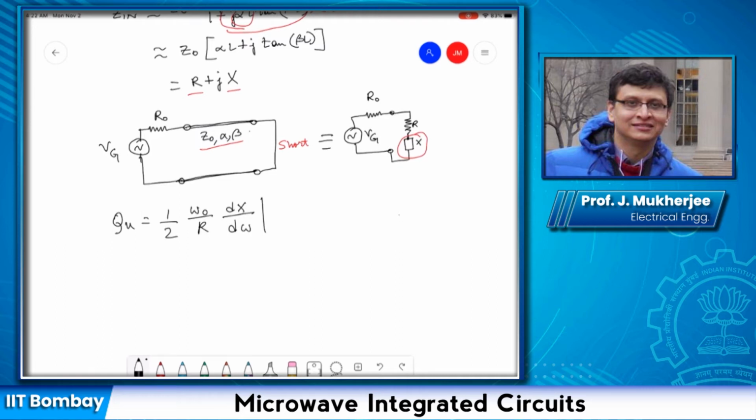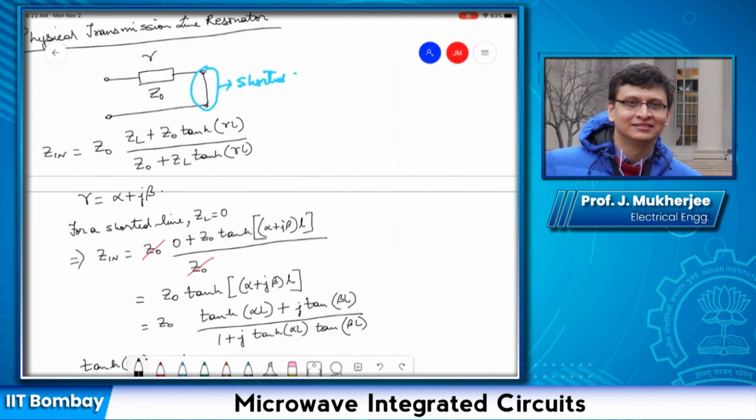Now here, in the formula that I had written earlier, I had written it like this, omega r or omega 0. As I said, omega r and omega 0, we are using interchangeably.